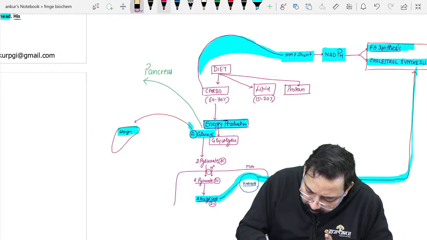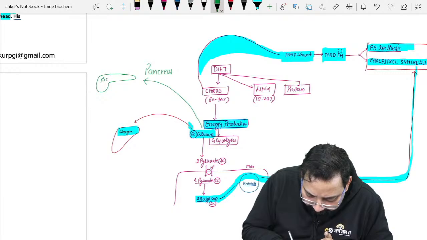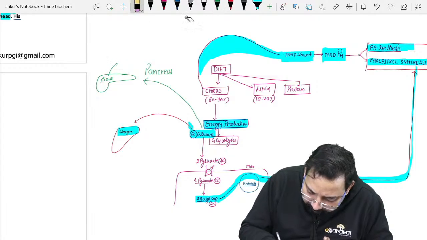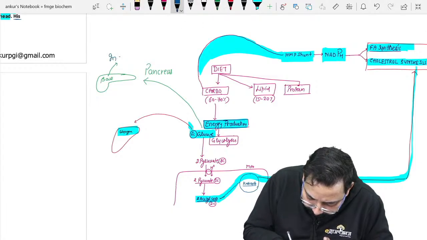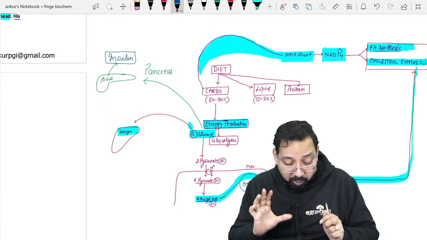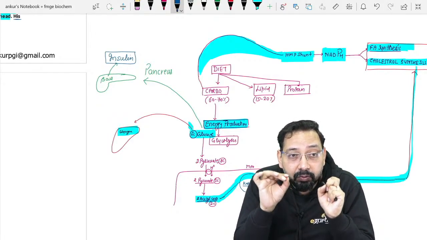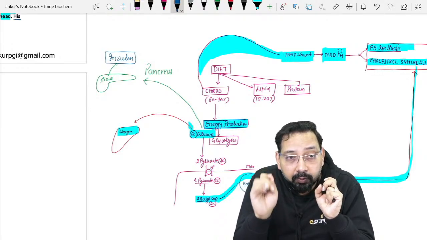It goes to the beta cell, and this glucose releases insulin. You all know that the pancreas is sensitive to the concentration of glucose.